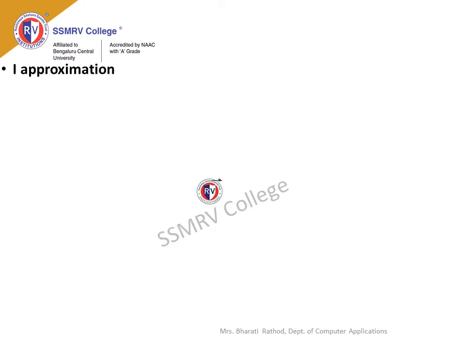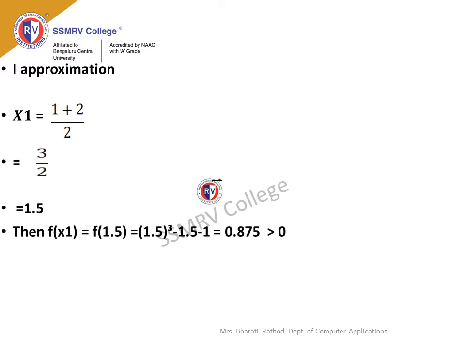First approximation. The approximate value is given by x1 = (a + b)/2, where a is the negative end and b is the positive end. Here in this sum we have a = 1 and b = 2. So (1 + 2)/2 = 1.5.